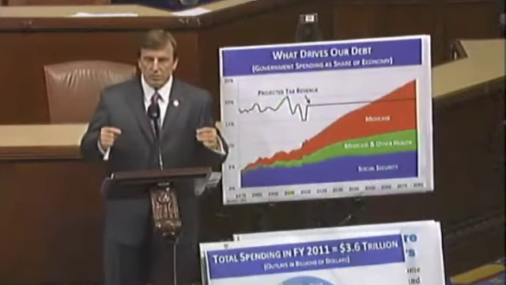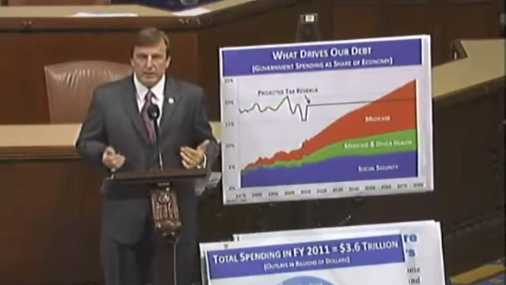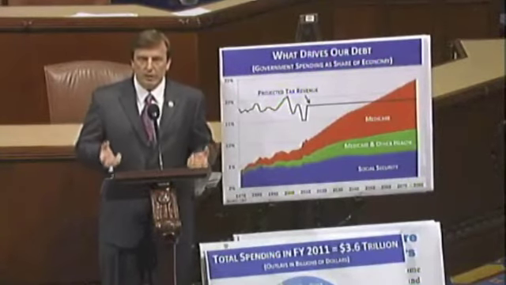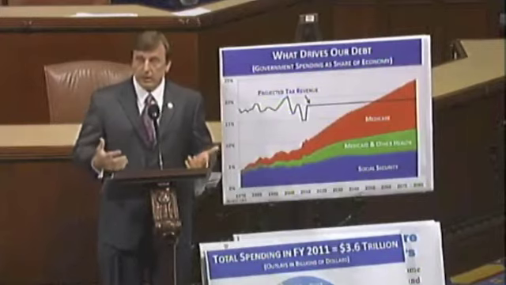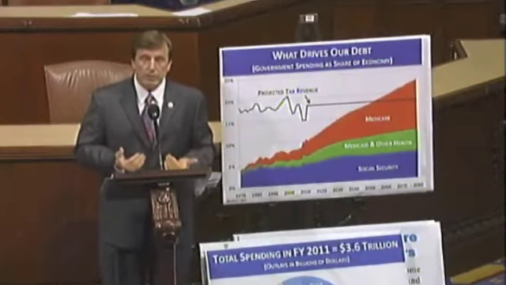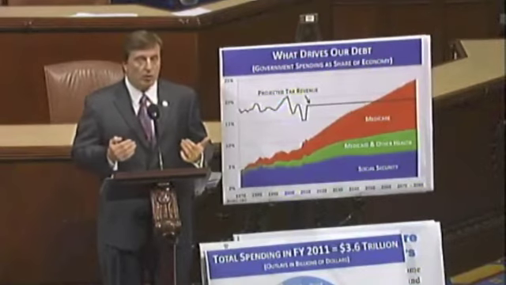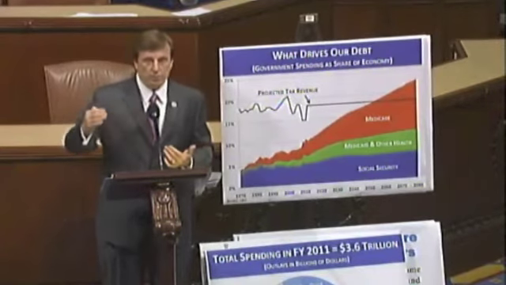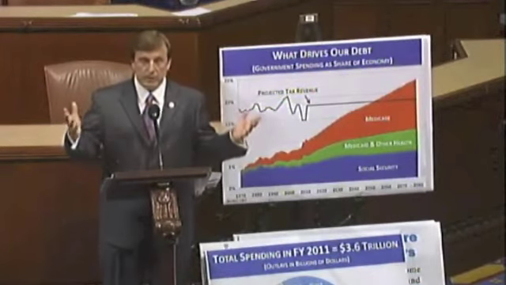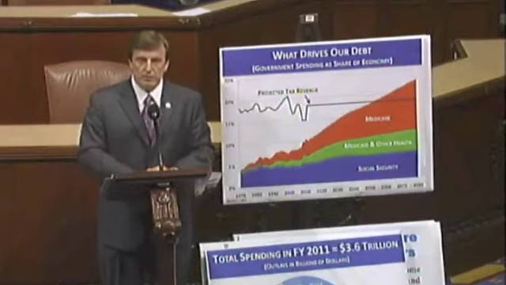Let me just close my opening remarks by saying that there's basically two options when it comes to making Medicare again solvent and available for us in the future. There's a Republican plan which would allow you, if you are currently on Medicare or 10 years from becoming on Medicare, to keep Medicare as it is, and it is sustainable as far as the CBO tells us, indefinitely.